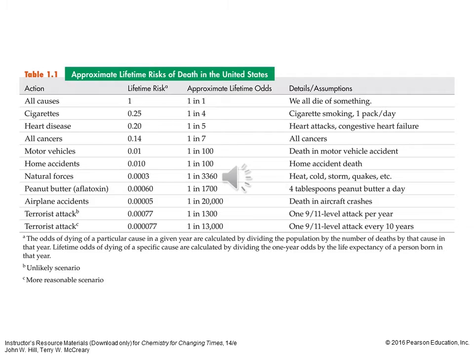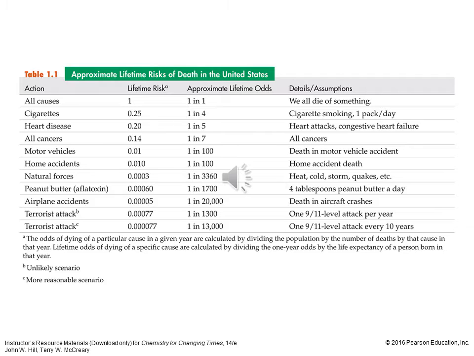If we go down to something like airplane accidents or terrorist attacks, again, these are horrible things, and they do happen. Unfortunately, they happen very often in our world. But still, as an overall lifetime risk, they're quite unlikely to occur. Again, depending on the details. So if we're talking about something like an airplane crash, that's about a 1 in 20,000 lifetime odd, whereas a terrorist attack, it's going to depend on how frequently those happen, right?